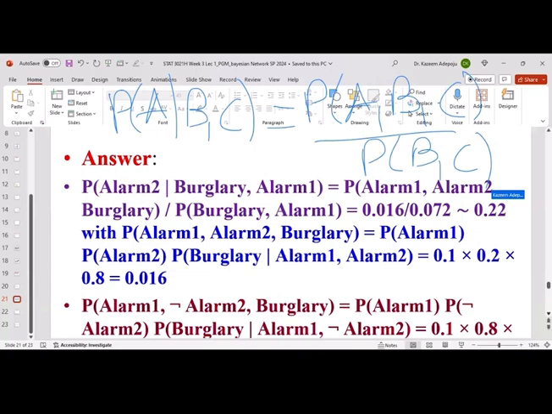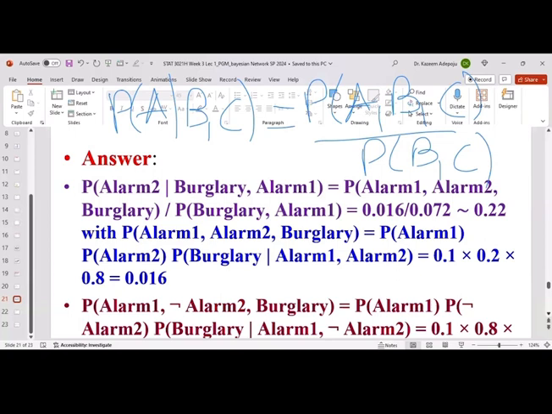That's what I'm using here. The probability of A given B, C will be the joint, we consider all the joint, divided by the probability of B, C, the one the event was conditioned on. Now you understand that.